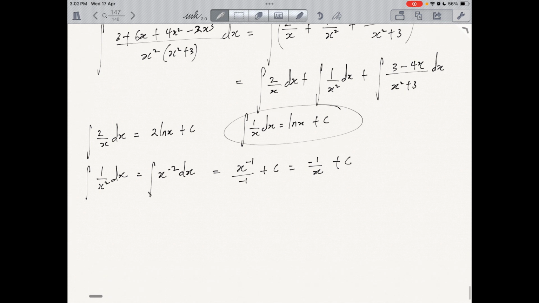Now how then do we integrate the last term, that is the integral of 3 minus 4x divided by x squared plus 3 with respect to x?